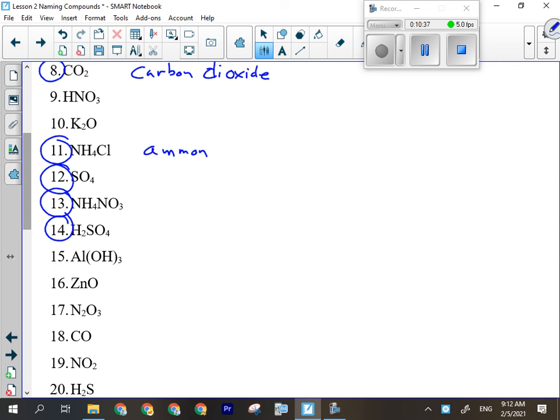This can be a tricky one when you're going from formula to name. So that's ammonium. Name it like it's the metal because that's what it's behaving as. Anything that's positively charged and at the front is behaving as a metal. Ammonium is the only polyatomic ion that behaves like a metal. So we have ammonium with chlorine. This is simply ammonium chloride.